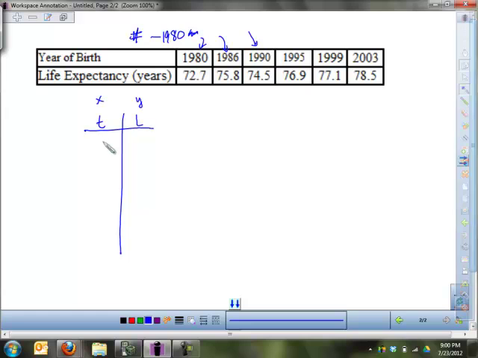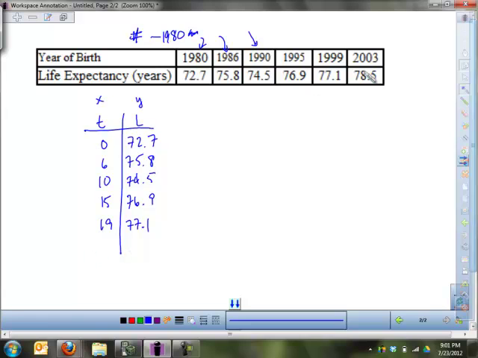The first one is 0, so in 0 years, T is equal to 0, where average life expectancy is 72.7. 1986, that's 6 years after 1980, 75.8. 1990, which is 10 years, 74.5. 1995, that's 15 years, 76.9. 1999 is 19 years, 77.1.